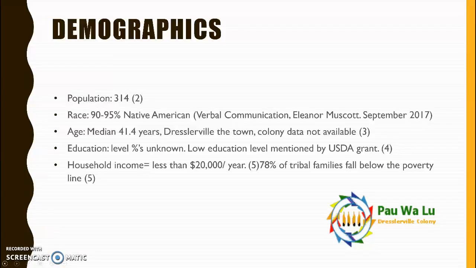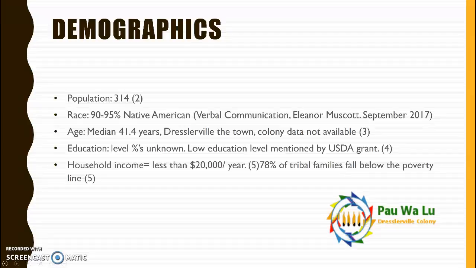And for median age, there was no colony data specifically available, though the town census data was calculated at 41.4 years for the median age. But according to my windshield survey and observations, I would probably estimate this as higher, closer to about 65 to 70 years of age for the colony specifically.